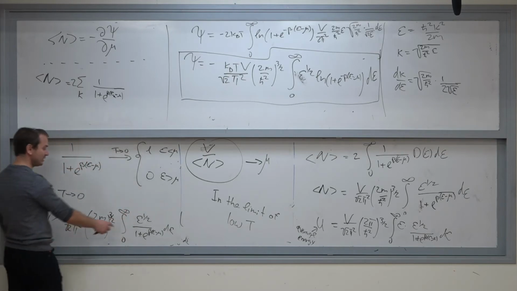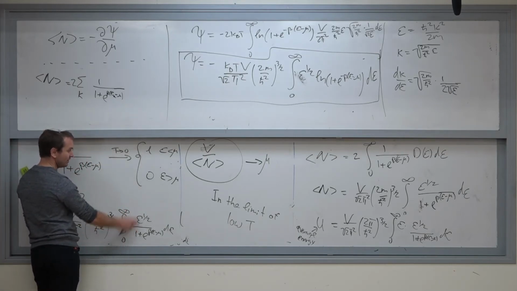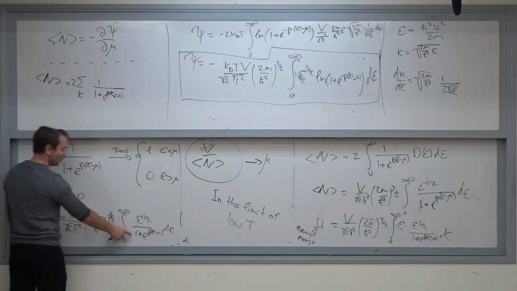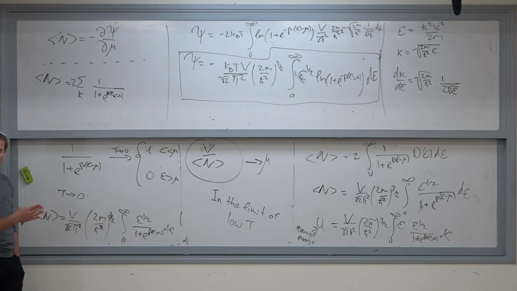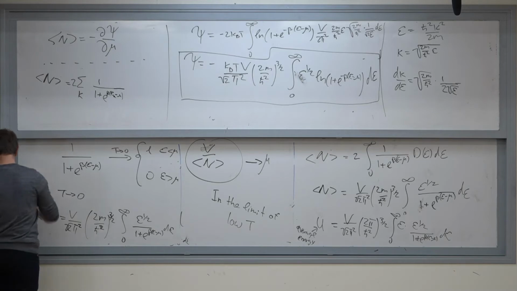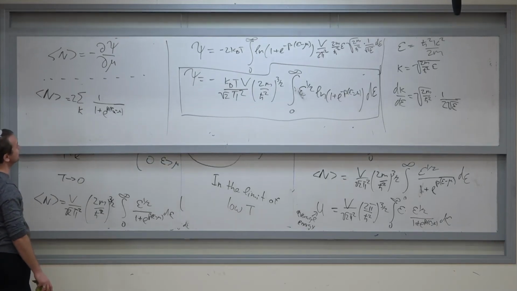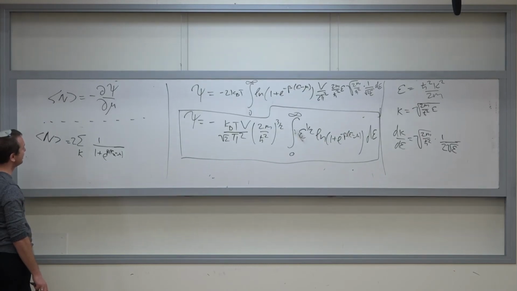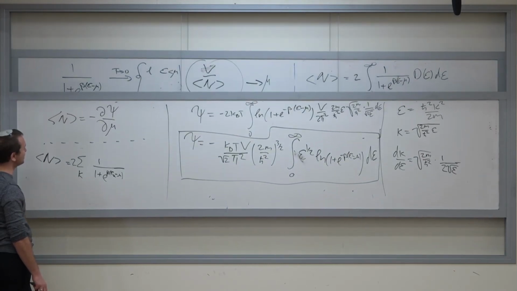But in the limit of low temperatures, this factor, 1 over 1 plus e to the power beta (epsilon minus mu), is 1 up to mu Fermi, and it's 0 afterwards. So we can rewrite this integral as a simple one, without all of those exponentials.